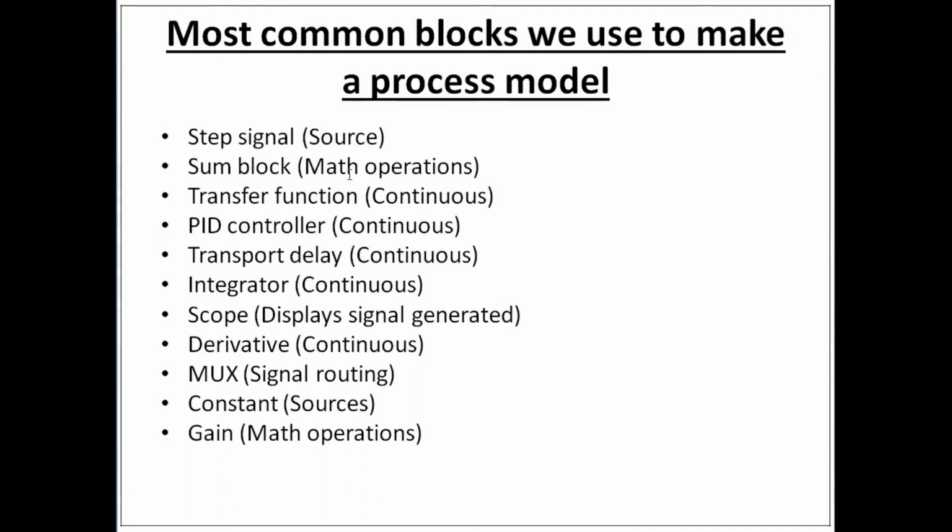Then sum block, which comes under the math operations. Then transfer function, which comes under the continuous block. A PID controller will be there, because in process control applications, a controller is a must. So it comes under the continuous block. Then transport delay, which also comes under the continuous block. Integrator is there, scope is there, then derivative, constant and gain block.